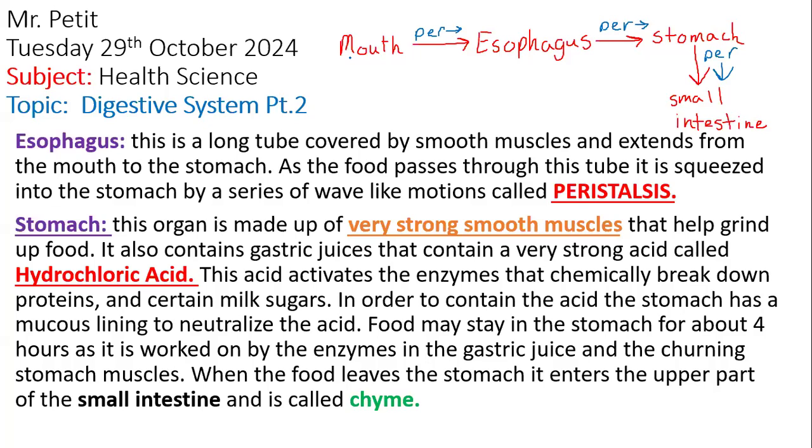After the food goes to the stomach, where does it go after that? The esophagus. No, after it passes the stomach, where does it go after that? Where does it go?